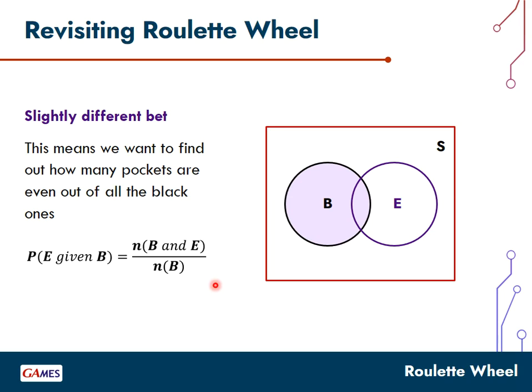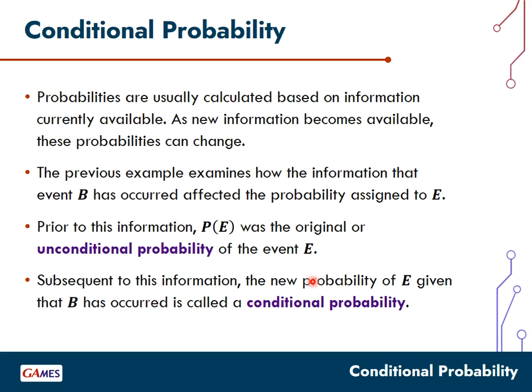So let us now look at what this really means in the language of probability, when you are trying to update the probability of a particular event given your new information about the occurrence of another event. What are we really dealing with when we talk about updating probabilities as new information arises?